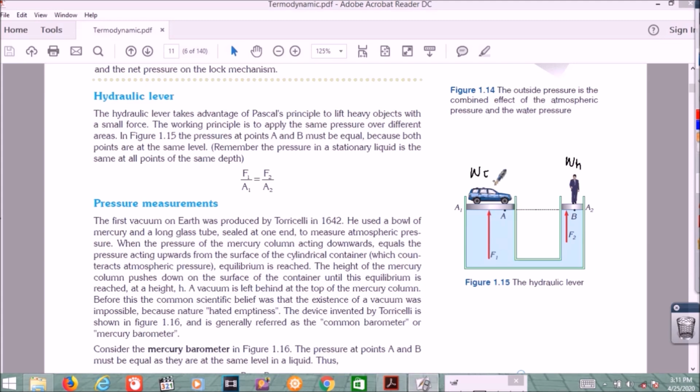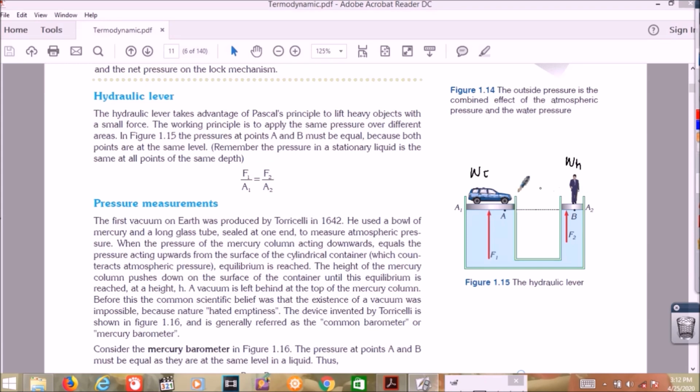How do we get the same pressures but different forces? The areas should be different. Why? Because pressure equals force over area. If the force is big, the area also needs to be big. If your force is small, the area is also small, and then it can give the same pressure.